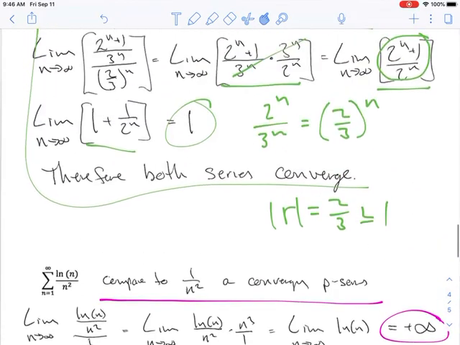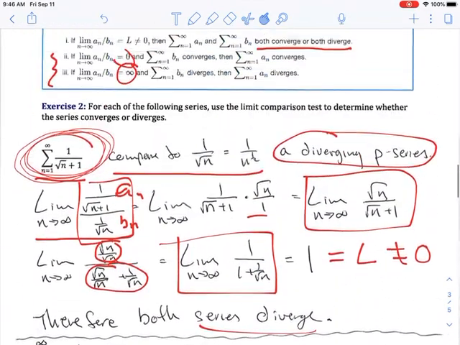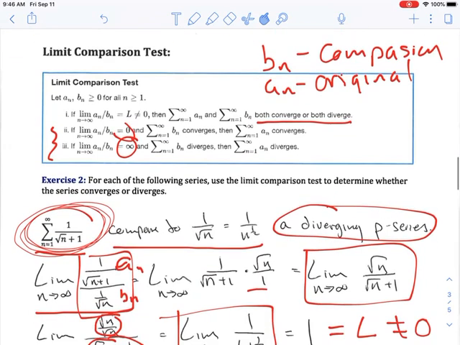But we could go back to here and say, okay, what happens if the limit is infinity, like it is here? Well, if the limit is equal to infinity, then if b sub n diverges, a sub n diverges. The problem is, in our problem, b sub n converges.